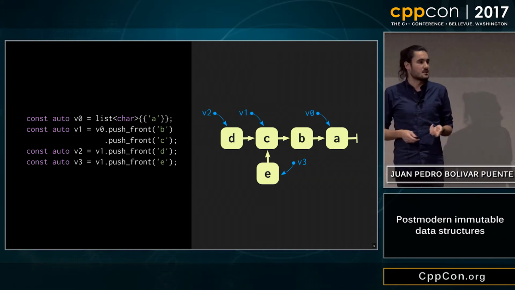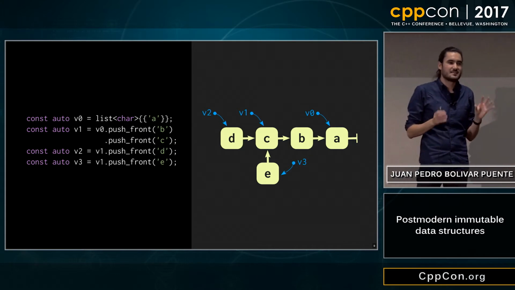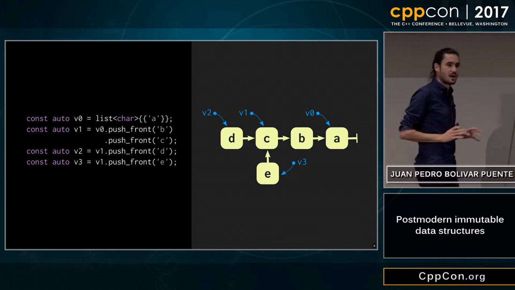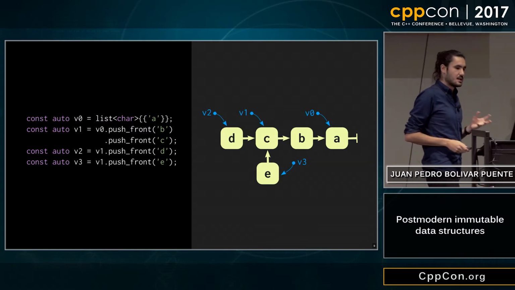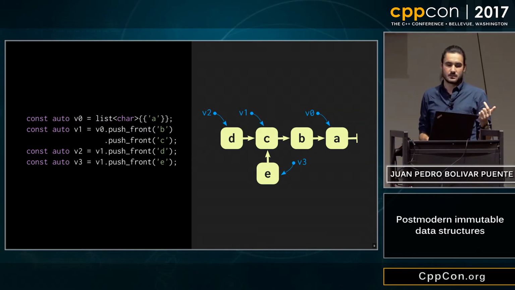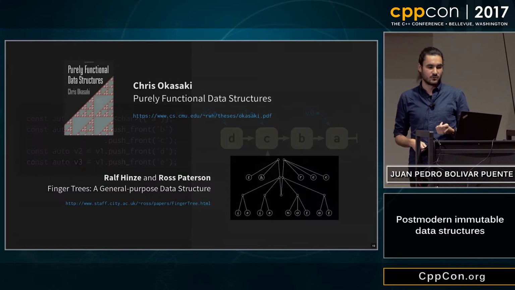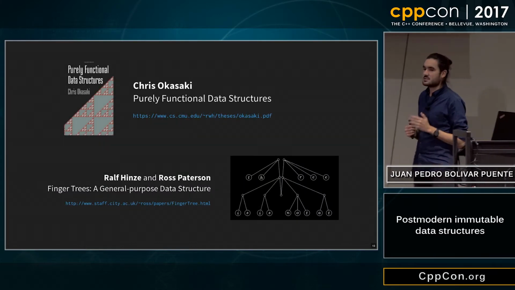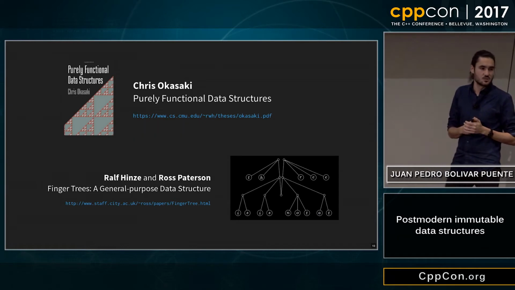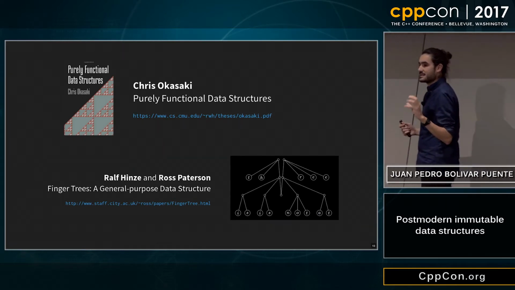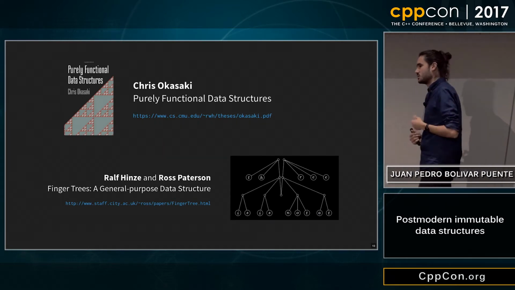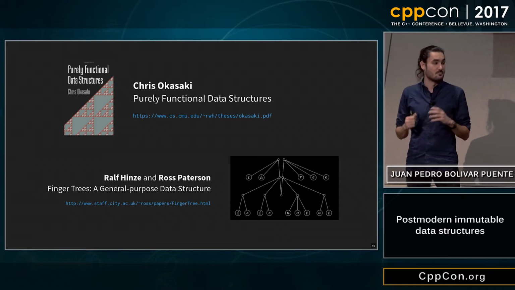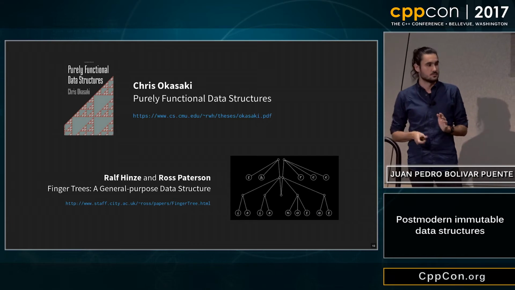Now, as C++ developers, we know that node-based data structures like these, with these small nodes, are not very efficient. So we're going to try to get away from them. But this underlying intuition is going to be very helpful down the road. And I point here to a couple of references. If you're interested, there is this book, Purely Functional Data Structures, that takes these small node-based data structures in combination with lazy evaluation and other things to the extreme and builds really interesting data structures.